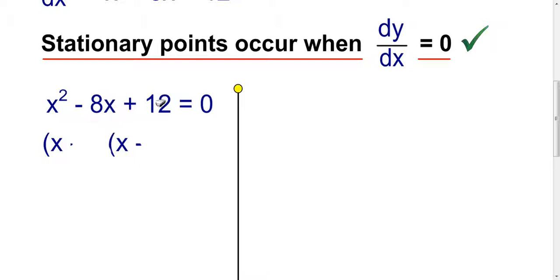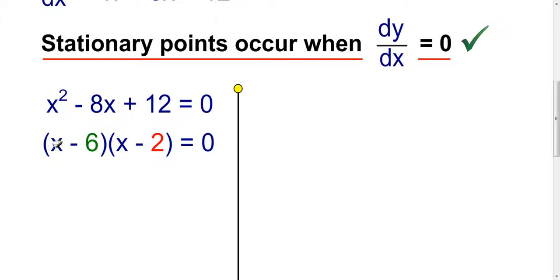So you can think 3 times 4 makes 12, but you can't get an 8 with that. 12 times 1, you can't get an 8 with that, but 6 times 2, you can make an 8 with 6 and 2. So you're thinking 6 and 2, the signs have to be negative because negative 6x and negative 2x will give you the negative 8, and also negative and negative multiply to make the positive 12 at the back.